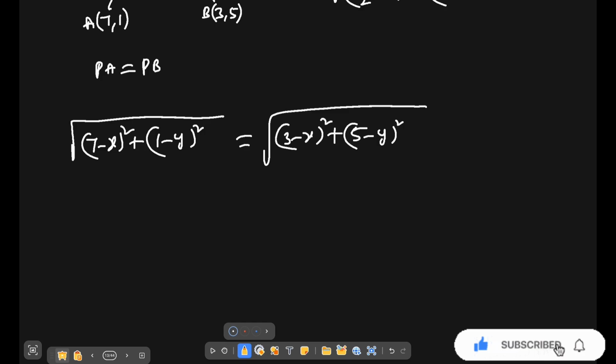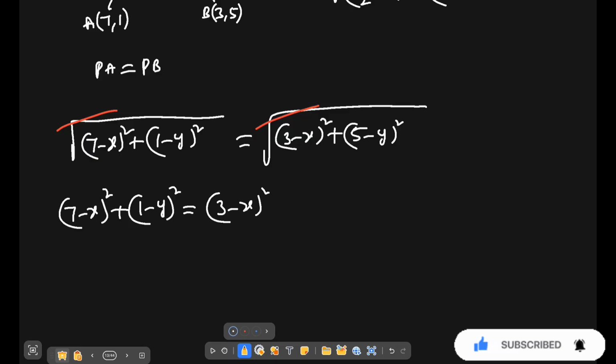Here the square roots on the left side and right side get cancelled. Now we'll have 7 minus x whole square plus 1 minus y whole square equals 3 minus x whole square plus 5 minus y whole square.